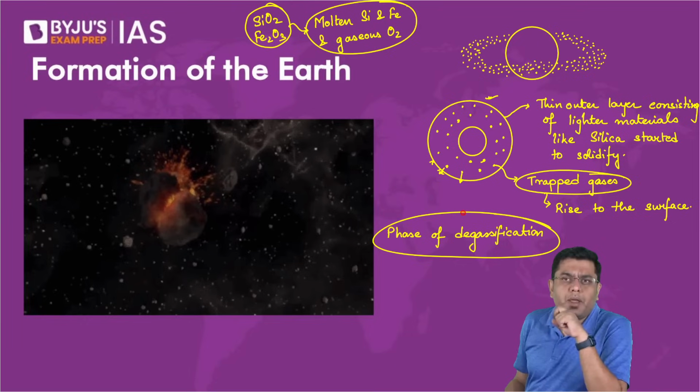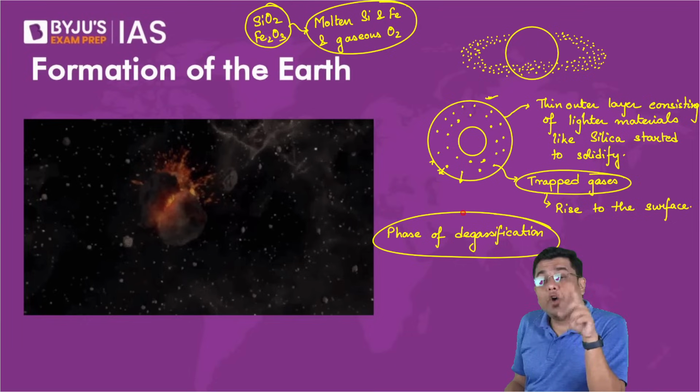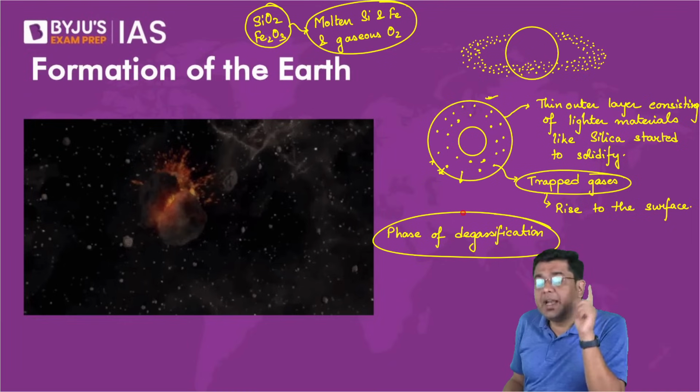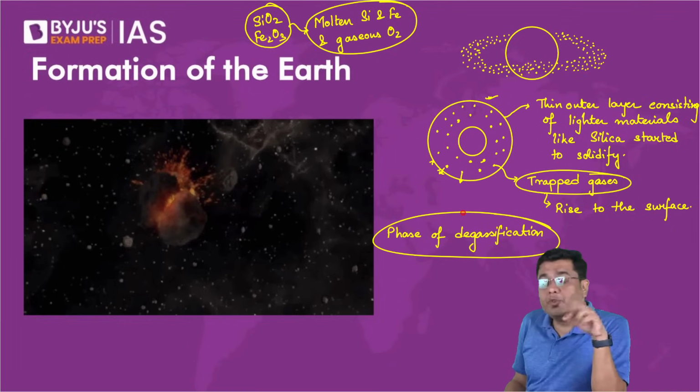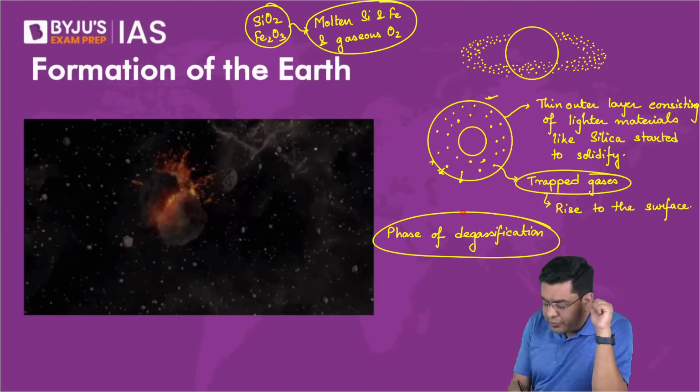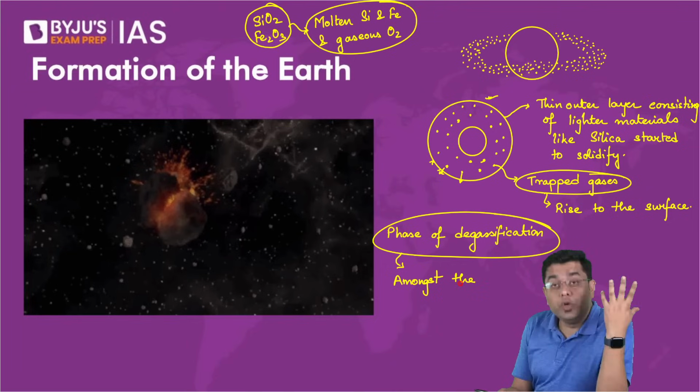Now, amongst the gases which were released, you also had oxygen and hydrogen. Oxygen and hydrogen at that temperature would combine to form water vapor, right? Amongst the gases, you had various gases like ammonia, methane, carbon dioxide.